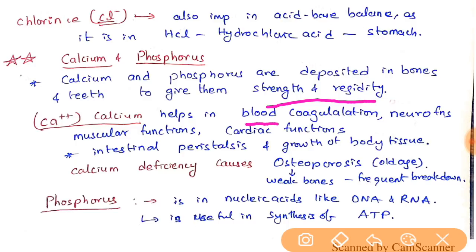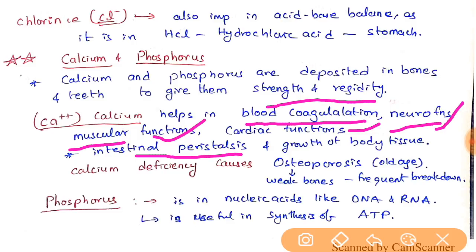Calcium helps in blood coagulation, neural functions and muscular functions, friends. And calcium is also useful in cardiac functions, intestinal peristaltic movement, which we have seen in the esophagus. How does the food go inside the stomach?